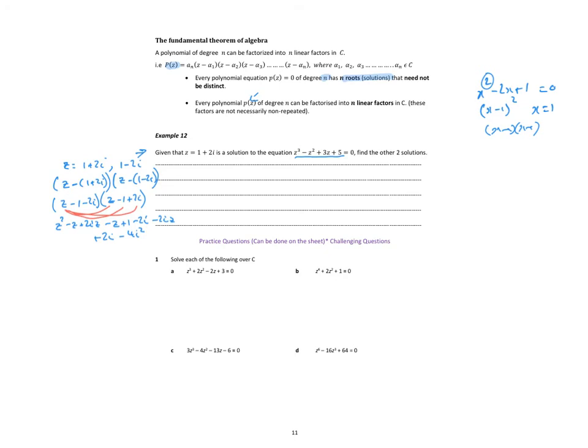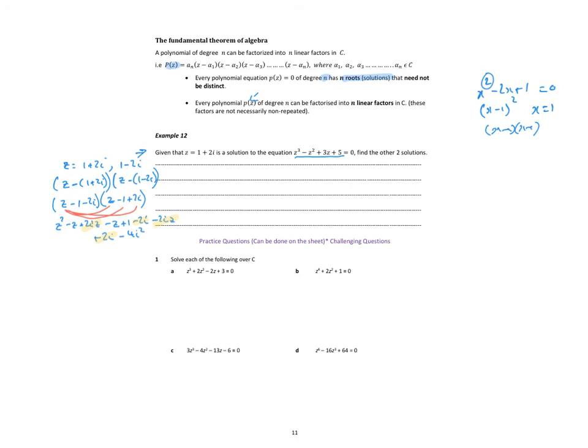If we've done it right, all the i terms will cancel. So positive 2iz minus 2iz, minus 2i plus 2i. Minus 4i squared, with i squared being negative 1, is plus 4.